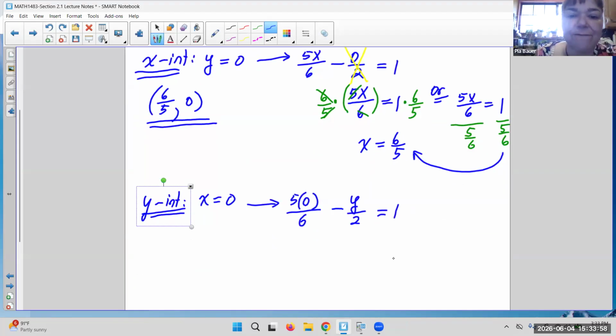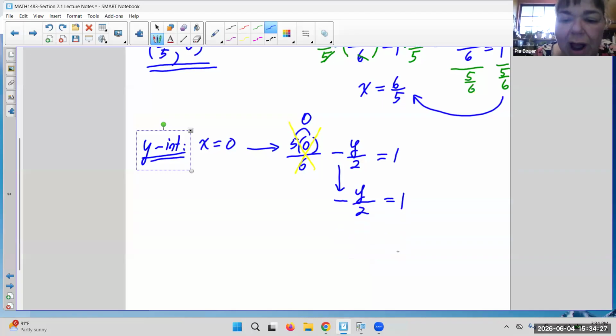First of all, 5 times 0 will give you a 0. 0 divided by 6 gives you a 0. But be very careful here because that makes this term disappear, but the minus stays in there as a negative. You have negative y over 2 equals 1.